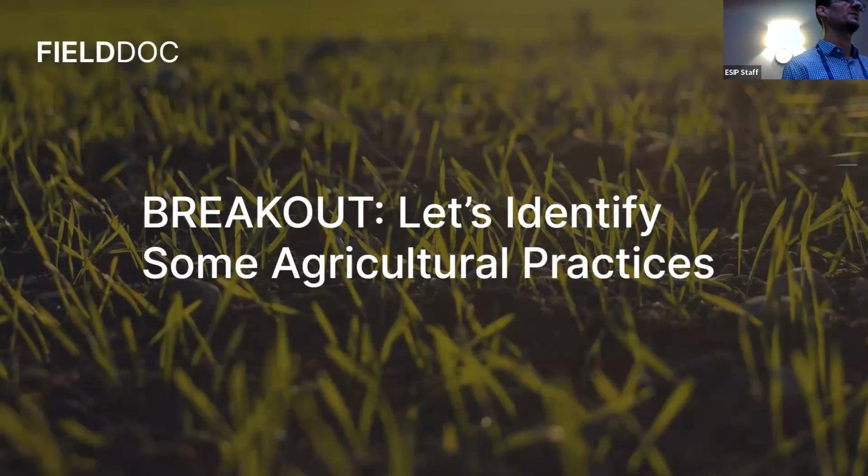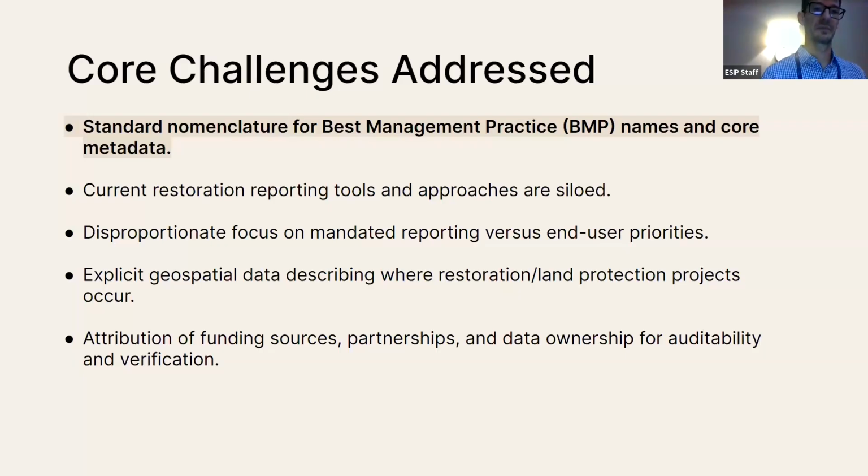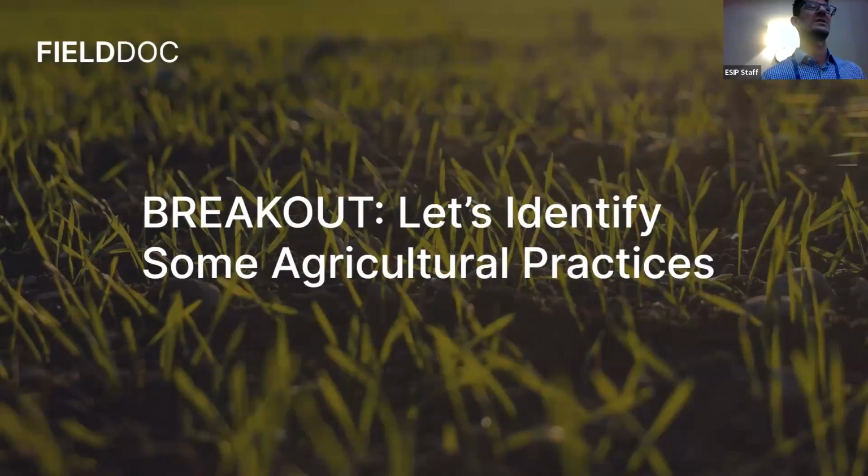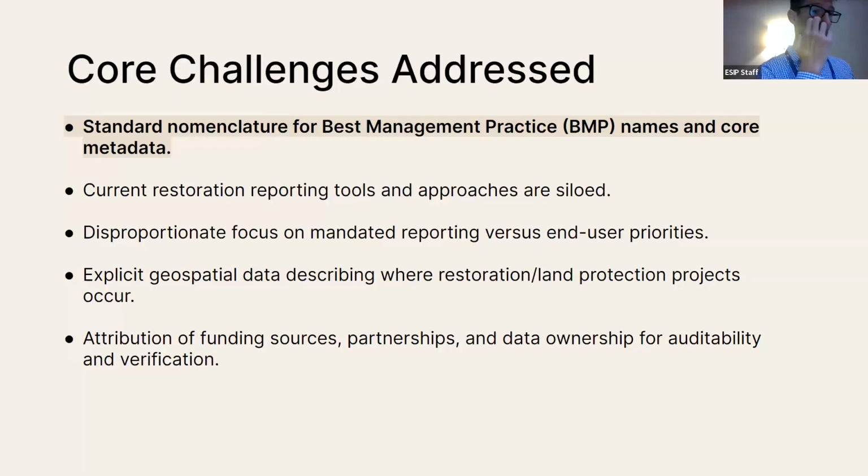You could call something a forest buffer, but the folks working on the ground call that practice something significantly different. That alignment challenge has to be thought through and developed when you're doing restoration at scale. So any questions about that? We're talking through this standard nomenclature challenge. Any questions?